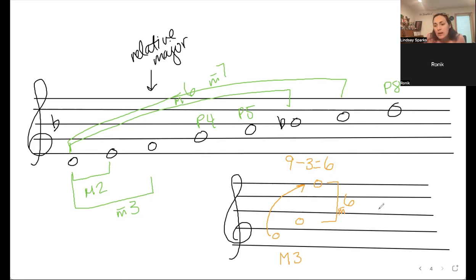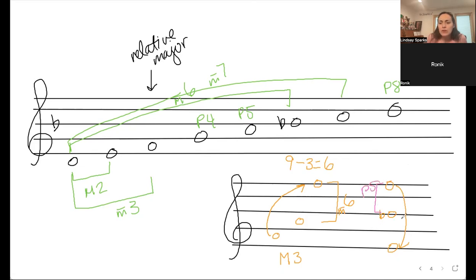So let's just say we have, let's do a B flat to an F. Okay, and let's invert the F down. The first interval here was actually a perfect fifth.